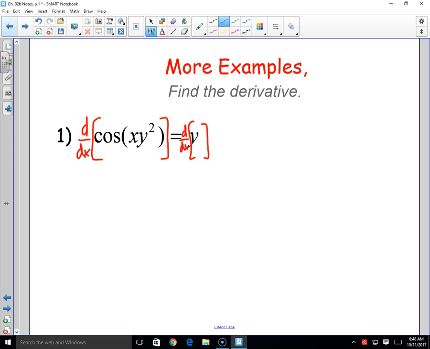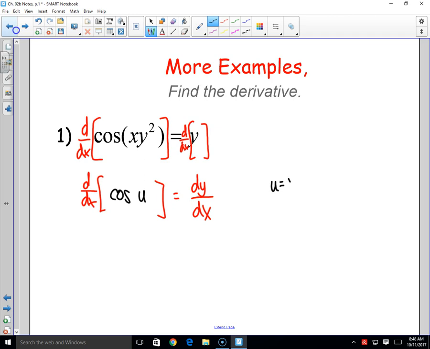Cosine is the outside. XY squared is the inside. So you could think about this if you want. You could rewrite it to be cosine of u. Maybe you want to take the derivative of the right-hand side because you know it's 1 dy dx. Maybe we should write the u over here, just in case.